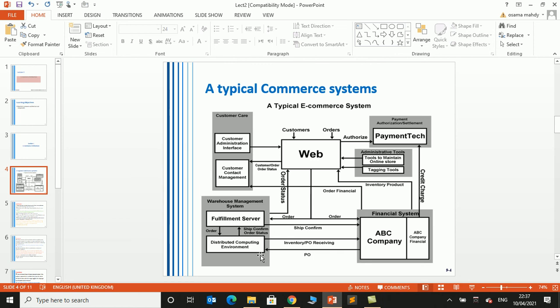Of course, we will ask about the distributed computing environment. We will talk in another lecture about the distributed computing environment and the need for it, to set the importance of the geographic location to fulfill these centers.